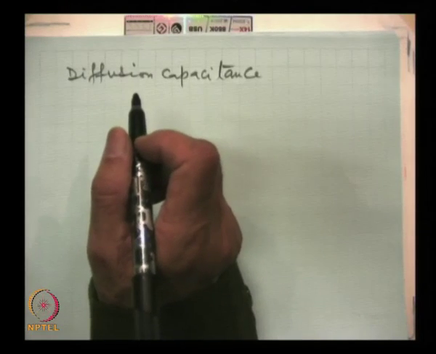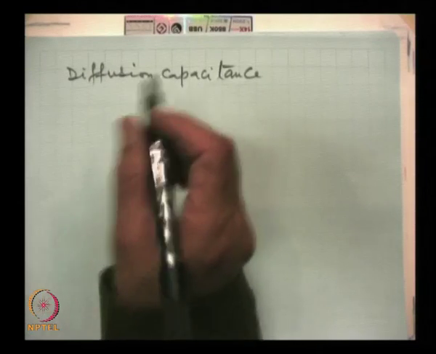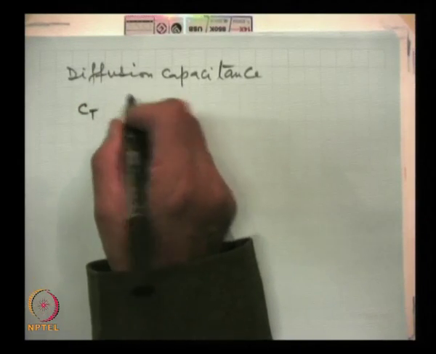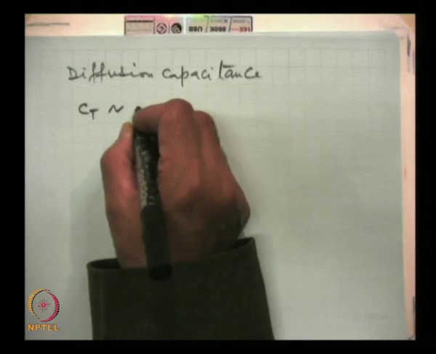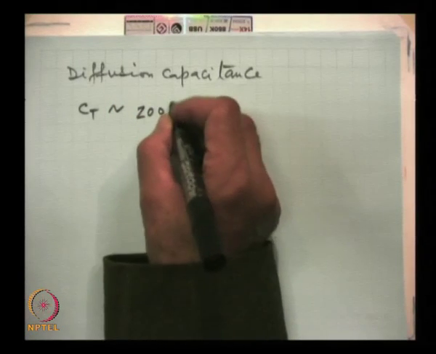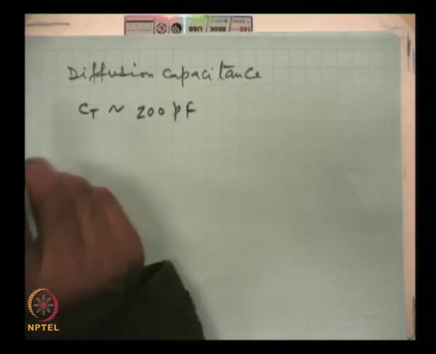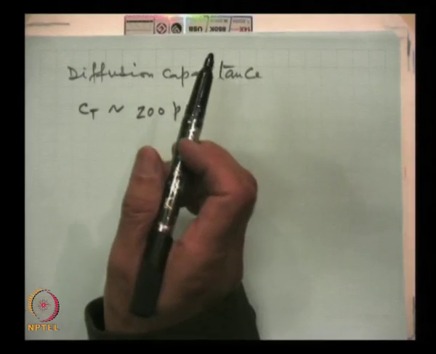In the reverse bias, the capacitance per unit area is of the order of 100 or 200 picofarads. In the forward bias, this diffusion capacitance, though it is high, but because of the heavy currents, all effects are actually dominated by the current.